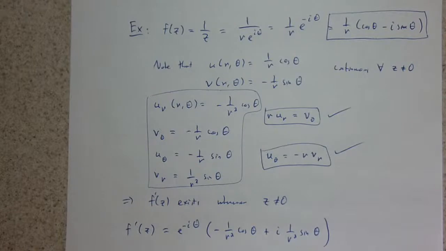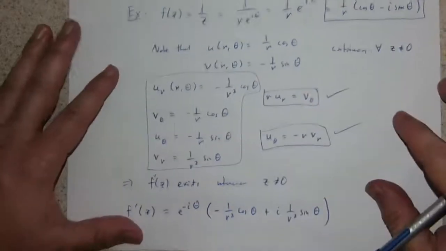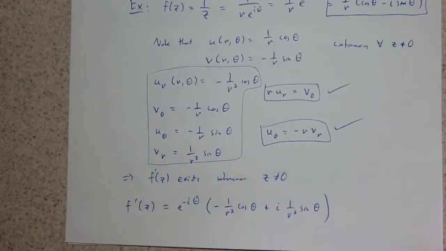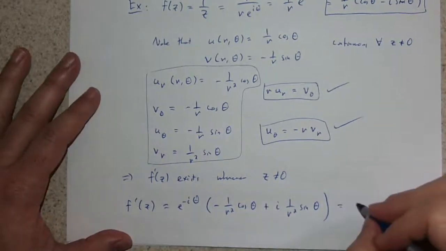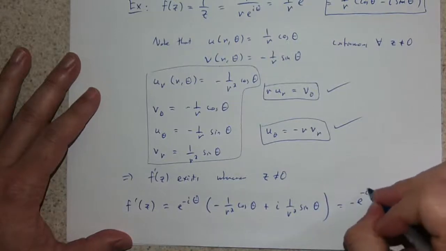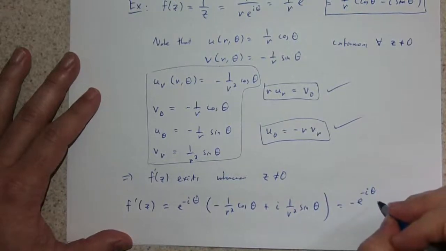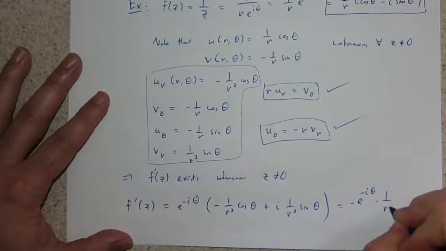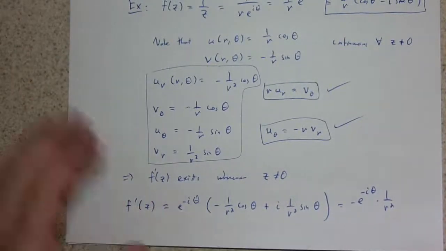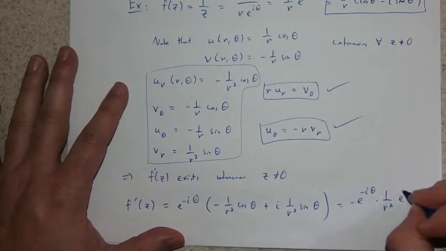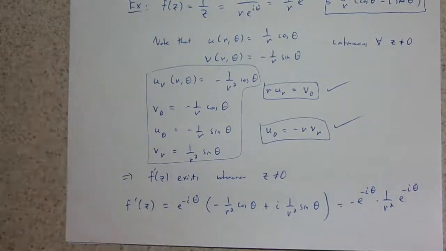So let's work through what this actually is here. Okay, so I can pull a minus sign out. This is like minus e to the minus I theta times 1 over r squared, pulling that out. Other than that, this is also e to the minus I theta. Okay.